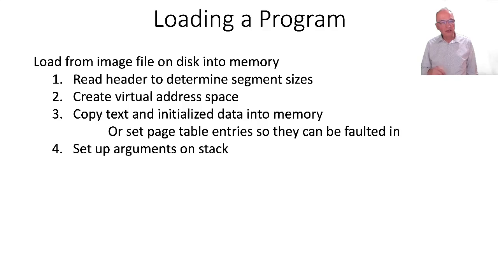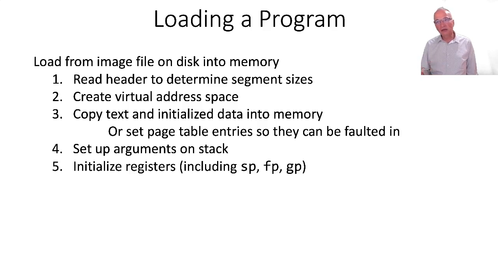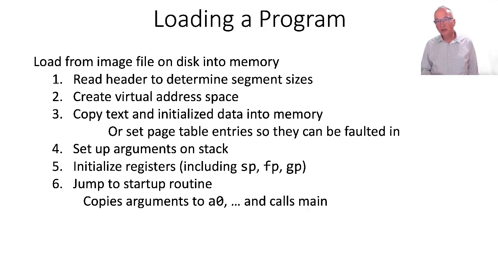Then I will set the arguments on the stack, and then I will initialize any registers that need to be initialized, such as the initial value for the stack pointer, the frame pointer, the global pointer. Any specific register that has to be initialized for a given processor will be initialized at this point. And then I simply jump to the startup routine, and that starts the execution.